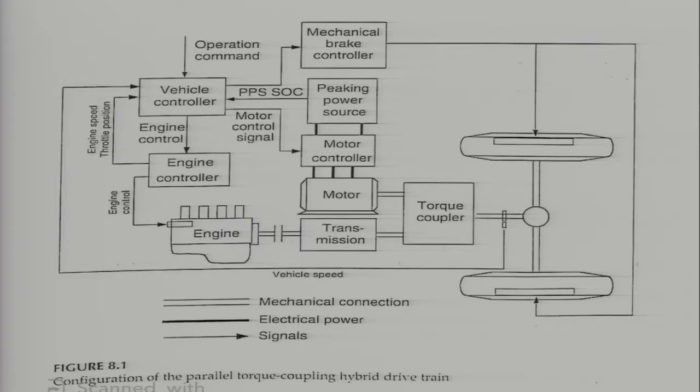These are all given by the motor control signal. The next output is engine control. This again provides the throttle valve position based upon the requirement of the actual speed, and accordingly this is done by the engine controller. So this is the block diagram of the parallel torque coupling hybrid drivetrain.